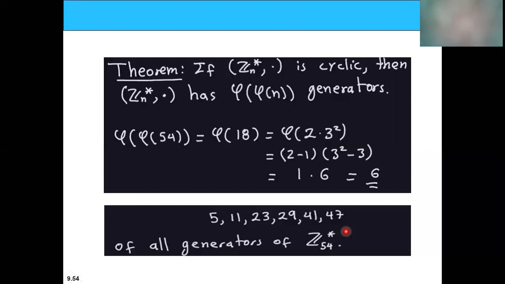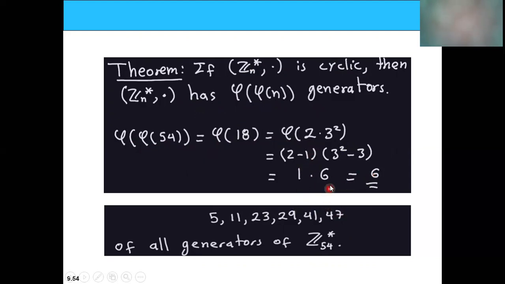The next theorem tells you how many generators there are in Zn star if Zn star is cyclic. If Zn star under multiplication is cyclic, then Zn star has phi of phi of n generators. Like phi of 54 is 18, and phi of 18 is 6.